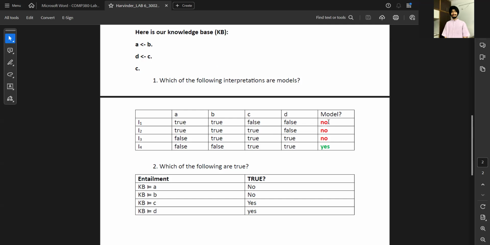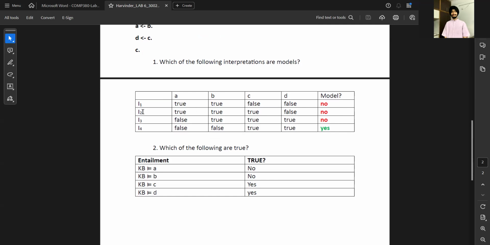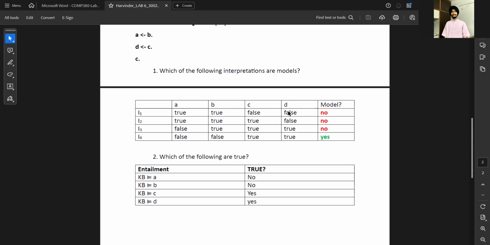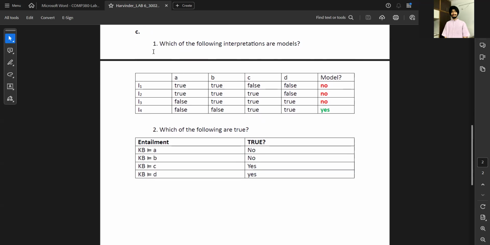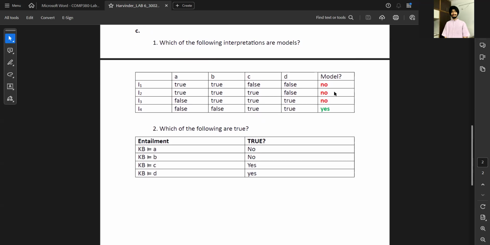So this is not a model. For interpretation 2, A is true, B is true, C is true, but D is false. But if C is true, then D must be true as per our knowledge base. So this is not a model.